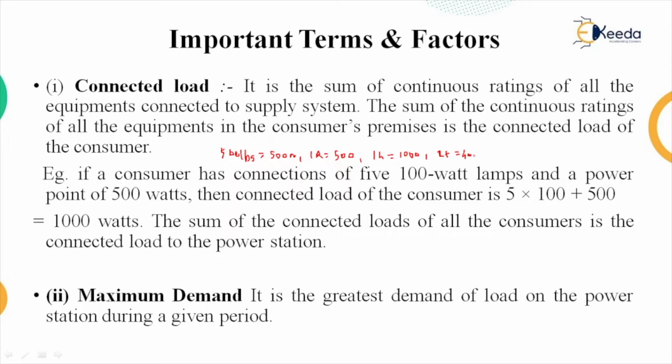Let us say these are all the equipment in our home. So the total connected load is the sum of all the power ratings: 500 plus 500, 1000 plus 1000, that is 2000, plus 400, that is 2400 watt. So this is the total connected load.